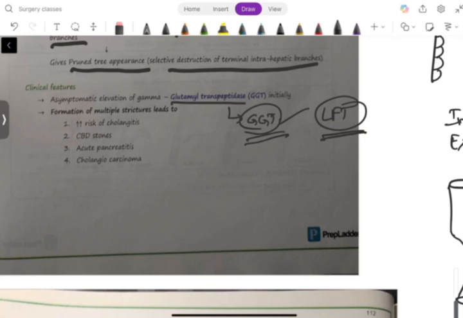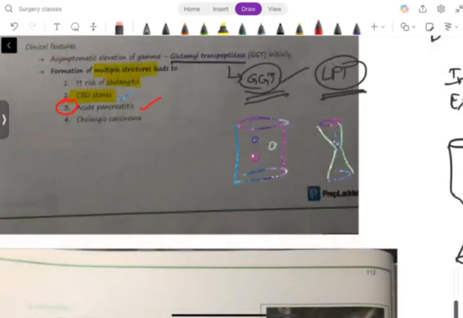Okay, formation of multiple strictures, what will this cause? Multiple strictures lead to an increased chance of infection, so increased risk of cholangitis. And then, with the stricture, small stones would usually have passed through the bile duct, but now gallstones will accumulate, leading to increased CBD stones. Then acute pancreatitis: whatever inflammatory products are there can lead to obstruction of the pancreatic duct as well.